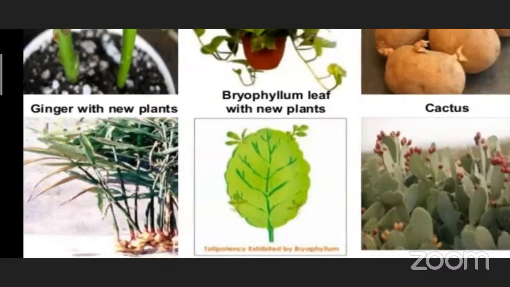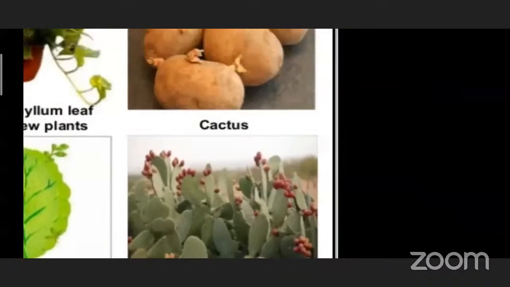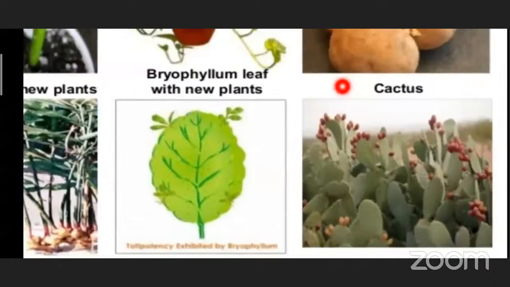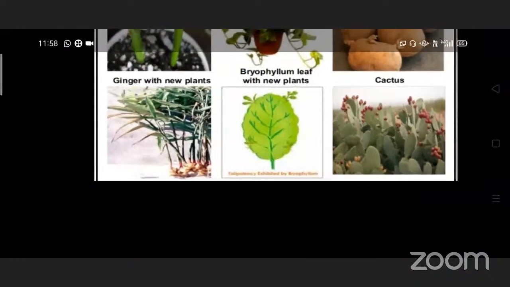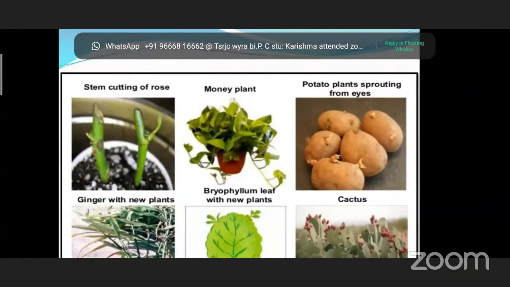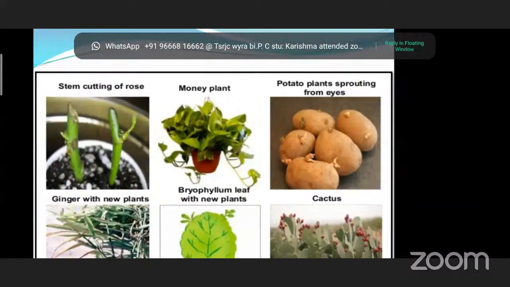Another example of vegetative propagation is cactus. See here, this is cactus. If a part of the cactus plant is planted in the soil, we can get a new plant. These are examples of vegetative propagation.